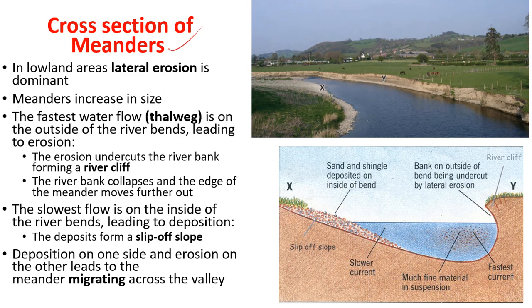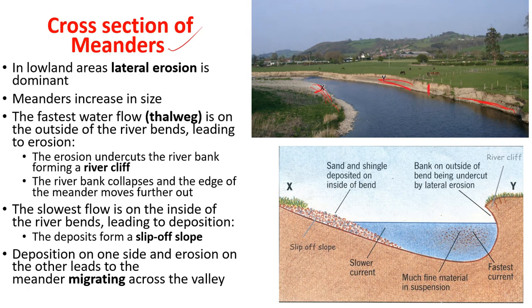This is a past paper where you see X to Y and what are the features. If you look at this insert, you find that here is the inner bend. So what is happening here is deposition. Then here you can see the undercut. So there are undercuts here at Y. So it's the outer bend.